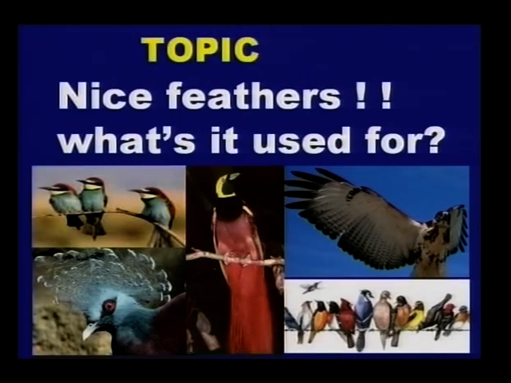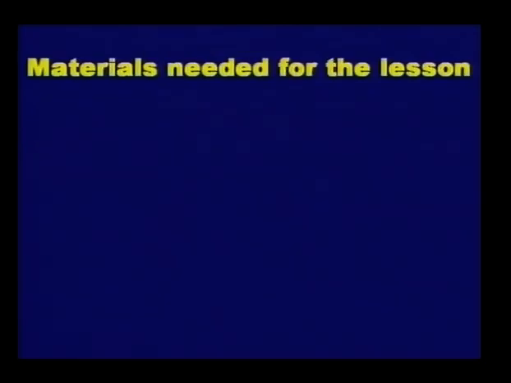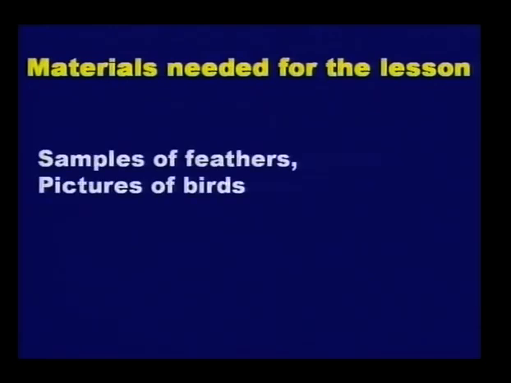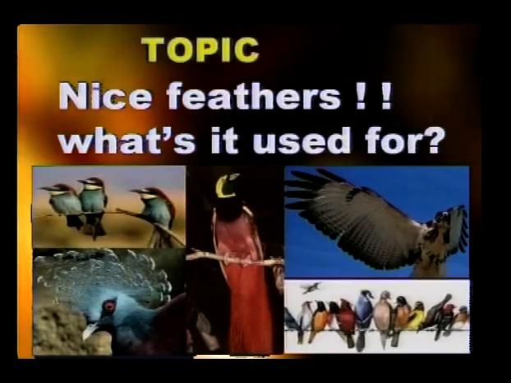What's it used for? Okay, that's our topic for today. The materials that we're going to use for this lesson, we'll have some samples of feathers, and of course pictures of birds.